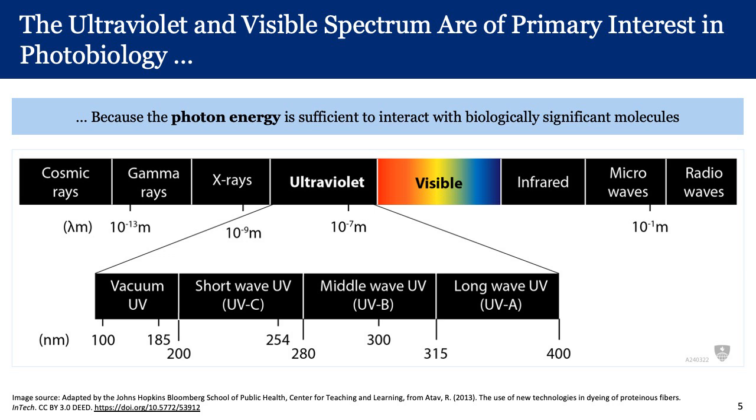But the real key as to why UV is generally considered more dangerous, if you will, than visible light is the photon energy. Remember, as you go to shorter and shorter wavelengths and also higher frequencies, individual photon energy increases, and therefore it can produce photochemical reactions.